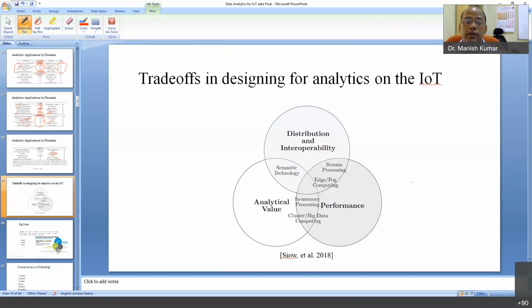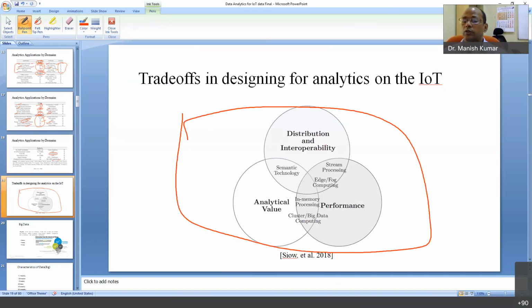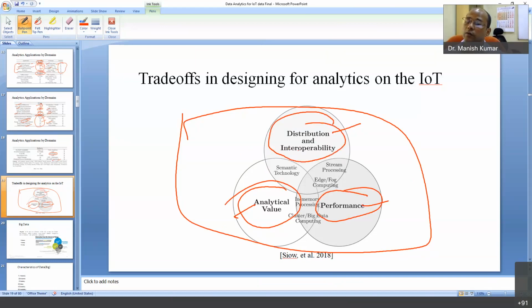If I summarize the entire thing, there are three important parts of data analytics in IoT: I'm looking for analytical value, I'm concerned about performance, and I'm very much concerned about distribution and interoperability.